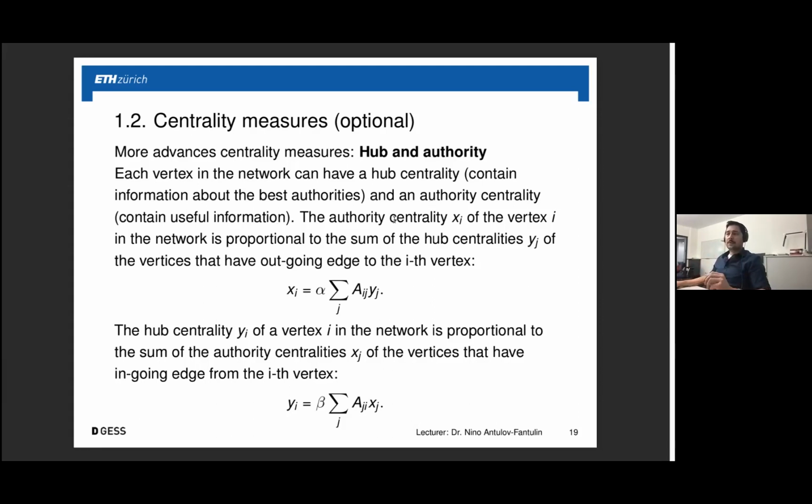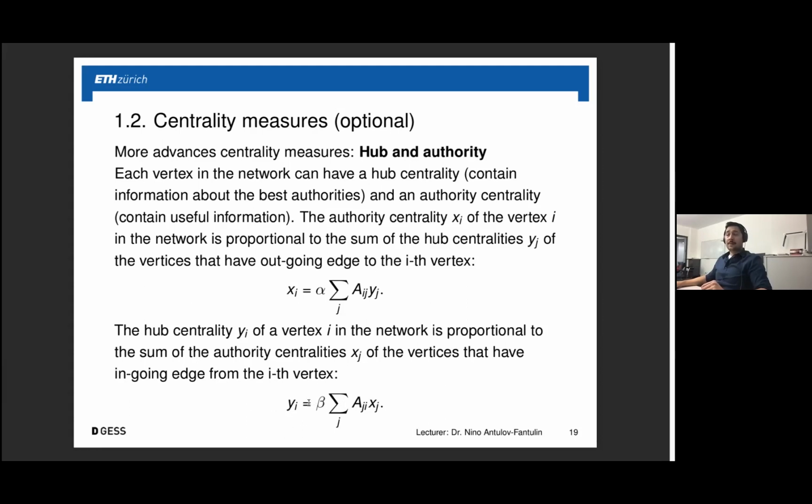So the authority centrality, the one that contains information, we can define recursively. The recursion will become visible at the end, but there is a sum over all the nodes that point to us from all the hubs, and hubs are the nodes that know who knows the information. So this is a linear combination.